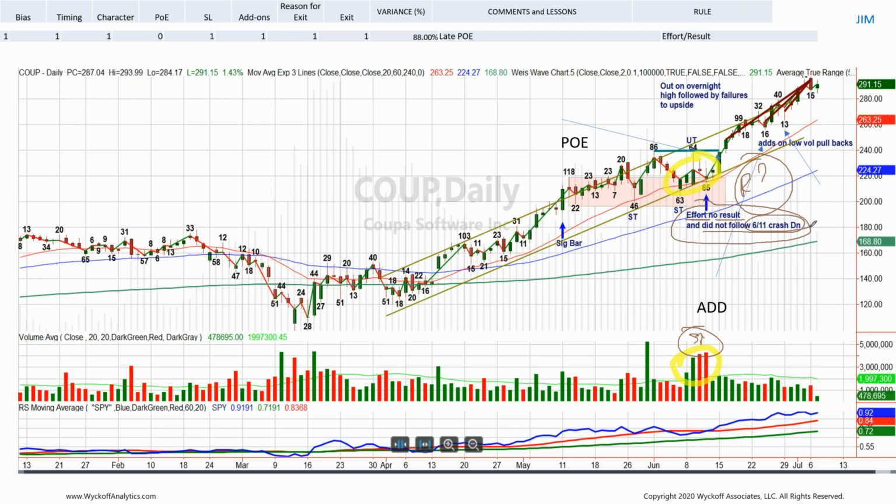If you go back on the market charts and you look at 6/11, that June 11 bar was the largest bar after the COVID reaction to the downside. So the stock does not follow the whole market to the downside, and suggests that there is a lot of buying here, even at this level, and suggests higher prices.